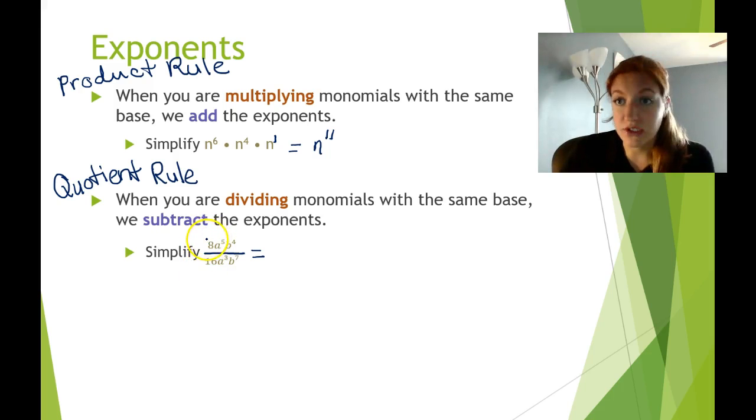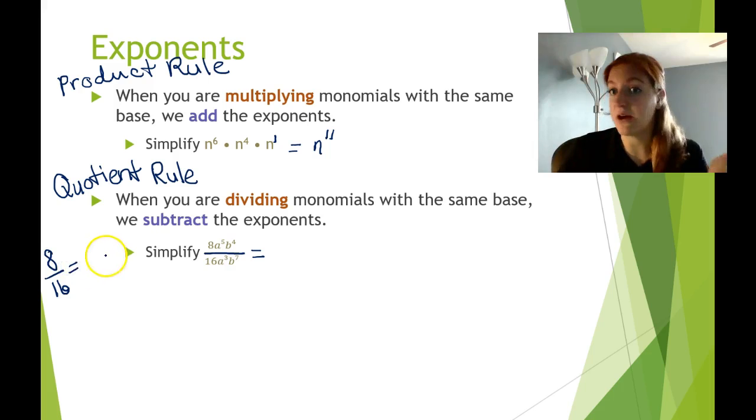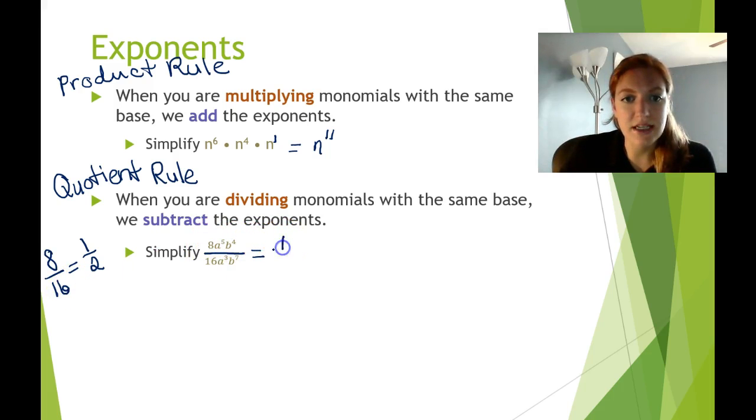It's 8 to the 1st, essentially, and 16 to the 1st, so we don't have to worry about exponent rules. We can just treat that as 8 over 16. If you remember, 8 over 16 simplifies down to 1/2, because the top and bottom are divisible by 8 each. So we can simplify that whole thing down to 1/2, or 1 over 2. We'll see that we don't have to put the 1 there, but for now, that's okay.